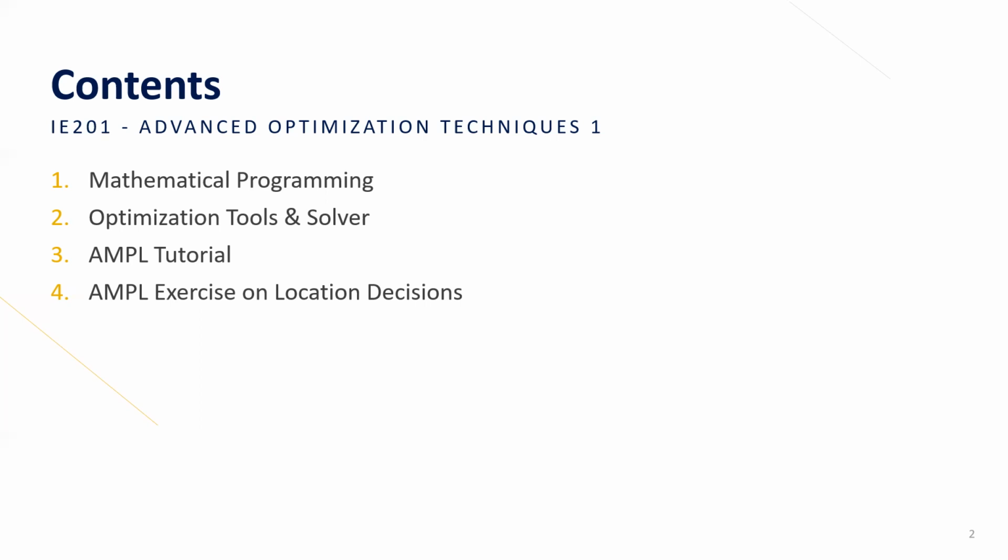Later on, I will explain more detail about it. And at the end of the session today, you will have a chance to exercise what we learned in the class. And of course, we will implement it on the location decision models that we already studied in the previous week.